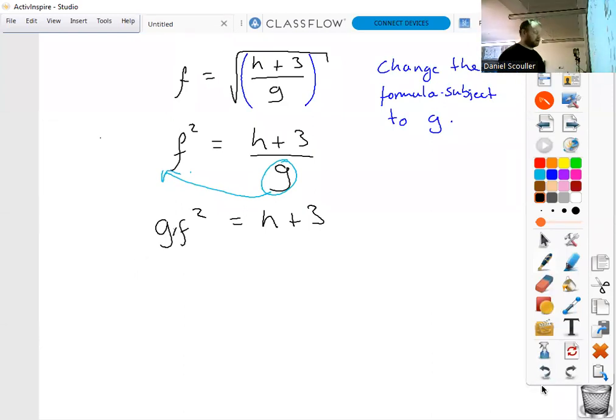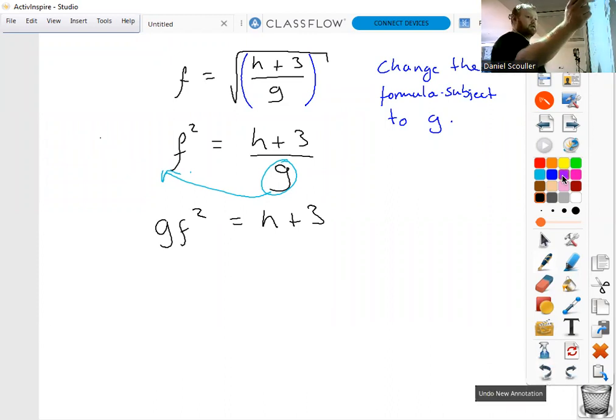But when we're just using letters, we don't need to write that, so we just write gf squared. Now that squared term, importantly, is only assigned to that f. It's not assigned to g at this point. That's important because I can't move just that back across and make that a root.